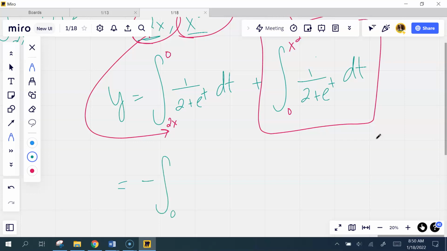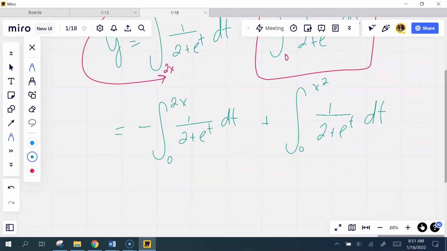So this is going to be negative, the integral from 0 to 2x of 1 over 2 plus e to the..., plus the integral from 0 to x squared of 1 over 2 plus e to the... So this is going to be negative.